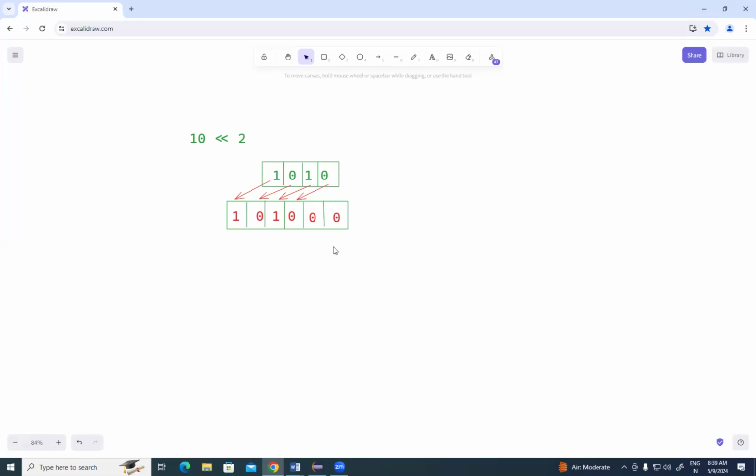Folks, can you tell me now, what is the result of 1 0 1 0 1 0 0? Please calculate the result of this. Tell me, folks, first of all, this is called 2 power 0.